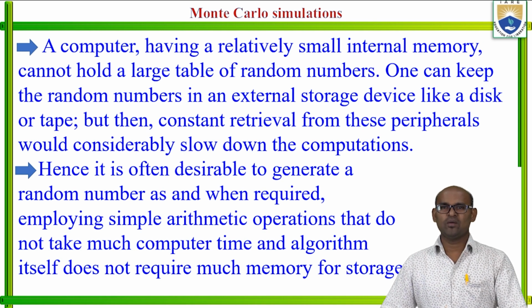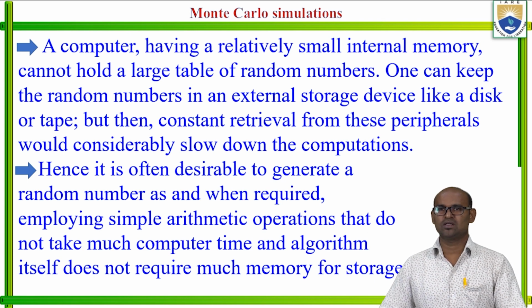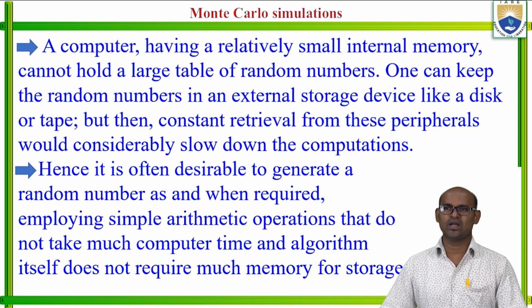If a computer has a relatively small internal memory, it cannot hold a large table of random numbers. So to keep these truly random numbers, we need a computer with large internal memory so that we can store all of them and use them in Monte Carlo simulation.